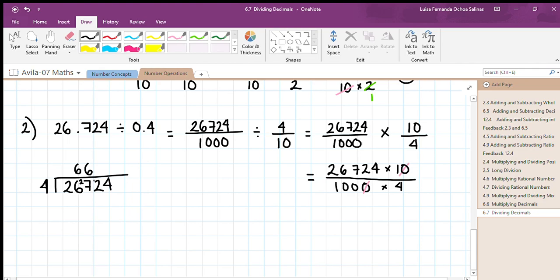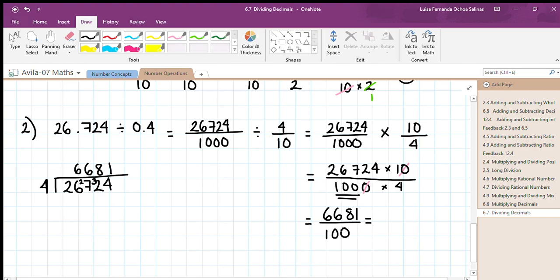Then a remainder of 3. Then I have an 8 here, because 4 times 8 is equal to 32, so I don't have any remainders, and then I have a 1. Good, which means that I have here 6,681 divided by 100. That is the 100 that I had over here.